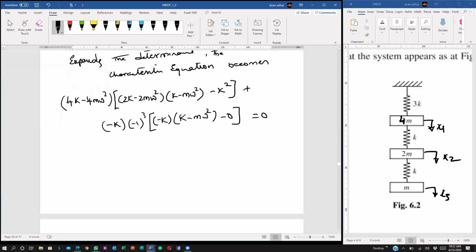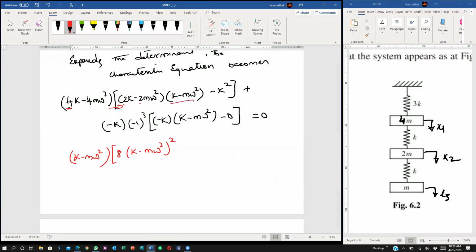So then, what I will do is take this 4 inside. I will take this particular 4 inside here. So my equation becomes k minus m omega square, right? 8. I can take 2 outside because it is common here too. Then I multiply this one by 4, I will get 8 here, k minus m omega square whole square.